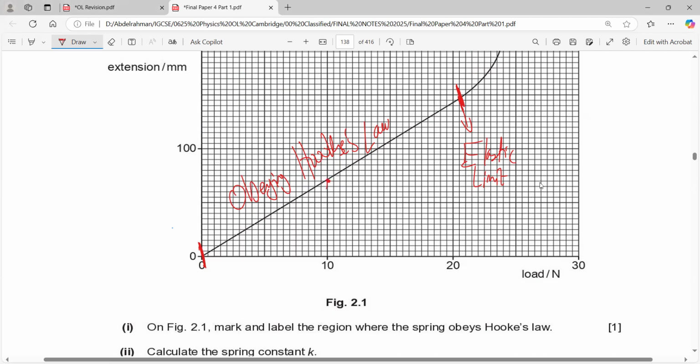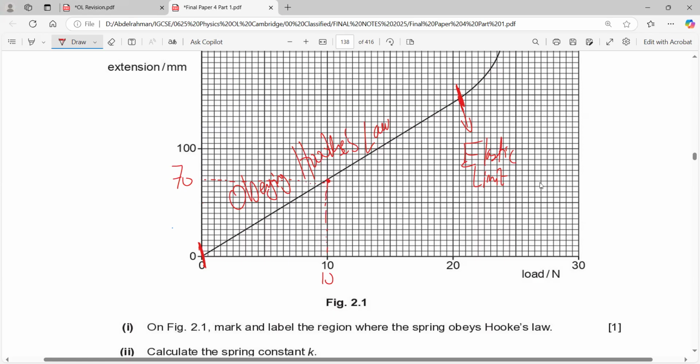This is 10, صح. And هنا it would be 50, 60, 70, صح. ماشي ماشي. I think this is right.